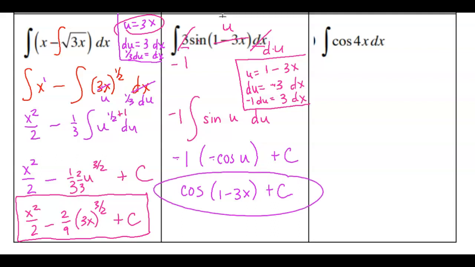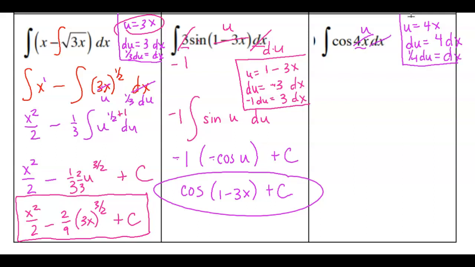All right, this one. Once again, I have a trig function, but only one. So I'm going to let u be the inside. 4x is not just x. So anytime it's not just x, even if it's not being added or subtracted, you do need to do this u substitution. So this was u, and I don't have a 4 on the outside, so I'm going to divide by that 4.